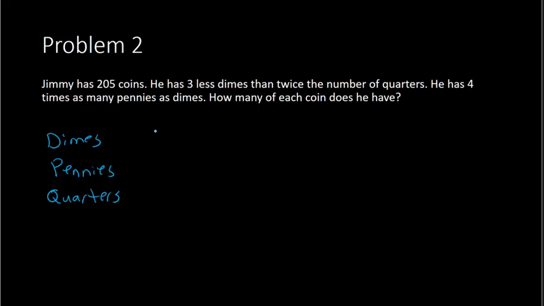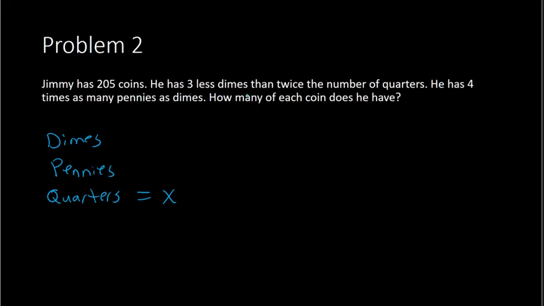And so what we want to do is figure out what is everything based off of. It says he has 3 less dimes than twice the number of quarters. Then he has 4 times as many pennies as he does dimes. So everything is based off of quarters. If quarters is x, then the number of dimes is 3 less than twice that number.